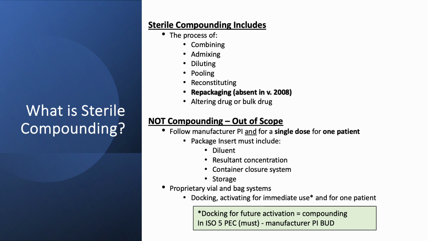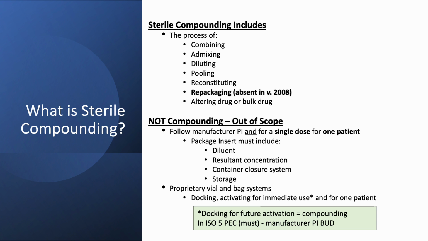However, when assigning a beyond use date, the package insert by the manufacturer can be referred to for that assignment of the beyond use date. But it's really important to remember that the manufacturer cannot assess the sterility of a compound. They're looking at the stability. So it's advisable not to assign a beyond use date beyond USP 797 when assigning these types of beyond use dates.